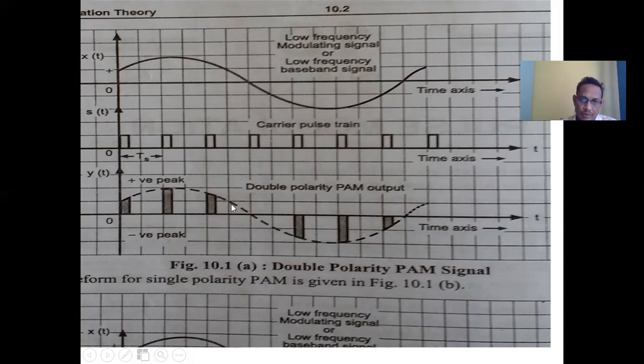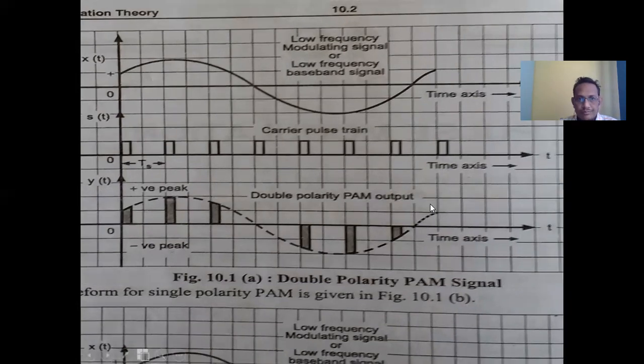So this is the waveform of the pulse amplitude modulated waveform, called the PAM waveform. Here, at this point amplitude is minimum, and here it is maximum. This is the second part of pulse amplitude modulation, called the pulse amplitude modulated waveform as per the definition.